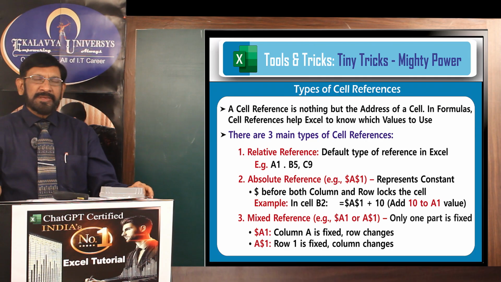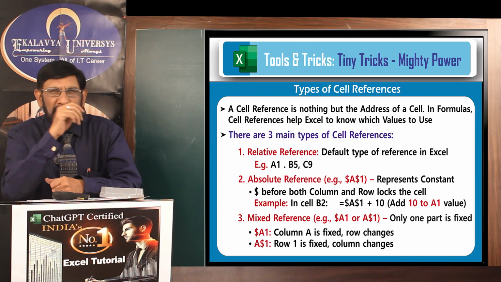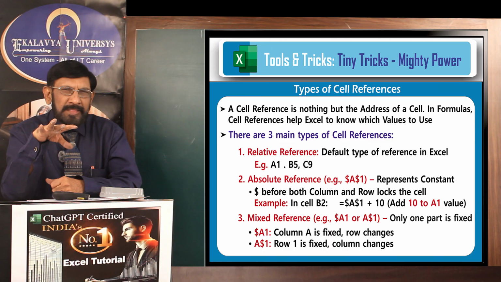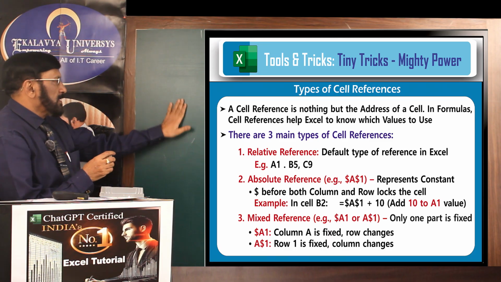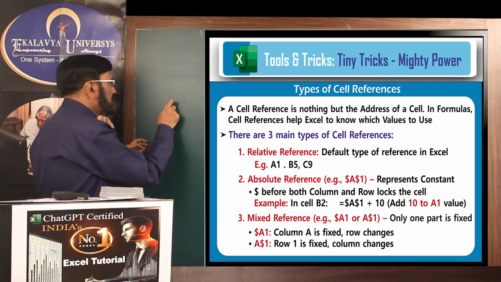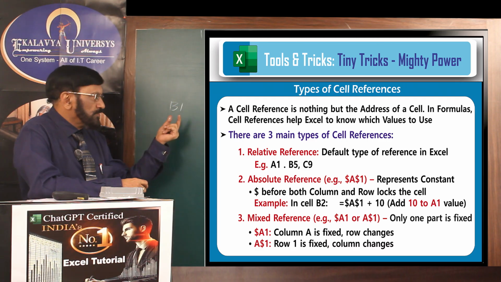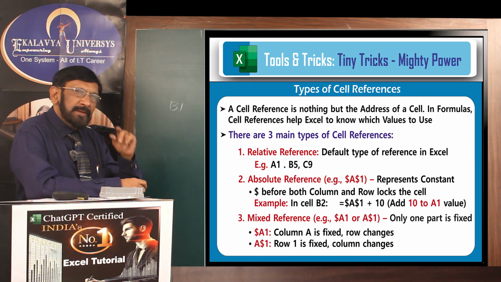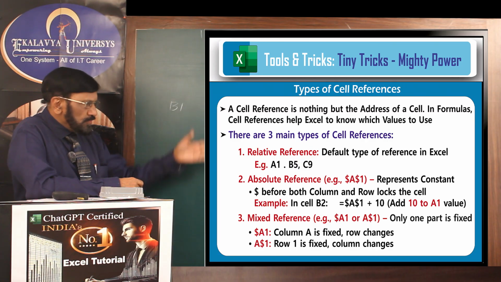Absolute reference means sometimes we have to use a constant, a fixed value, and then we have to lock it. For locking, a special symbol is there. Suppose you want to lock B1. In B1, you write a certain value and you want to make it a constant, meaning the constant value should be applicable throughout.